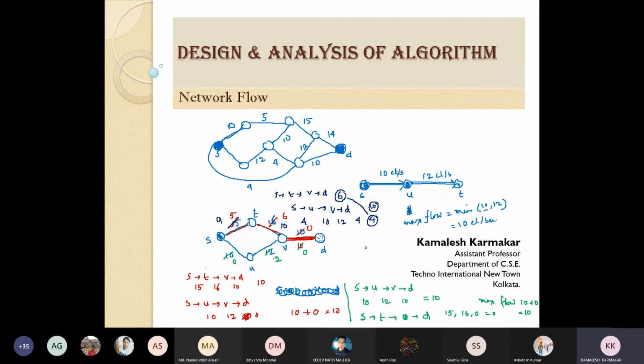Sometimes these pipelines are interconnected, and sometimes we install some substations to maintain the flow. So if there's a single sink, what will be the flow of this network? We can represent it as a network. Now what will be the flow of this network?